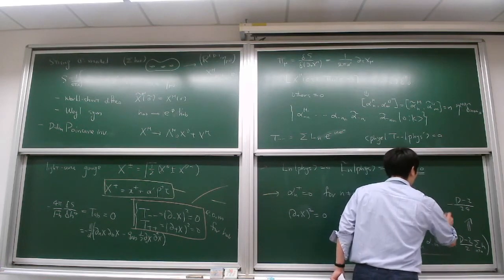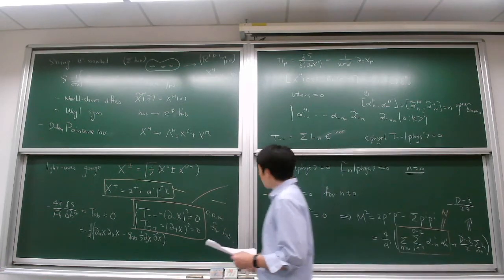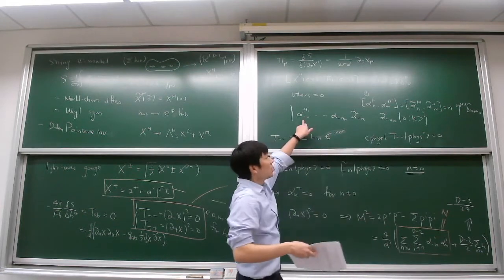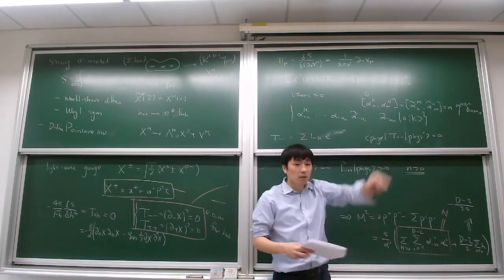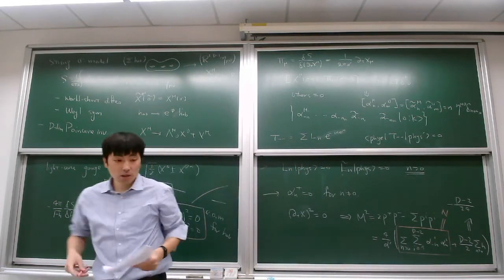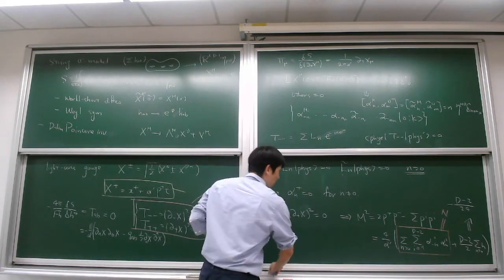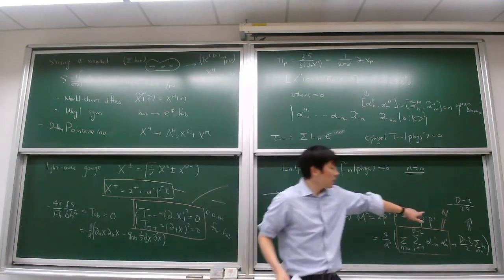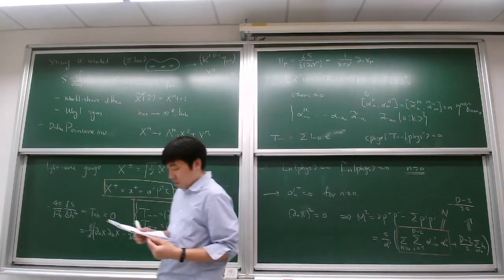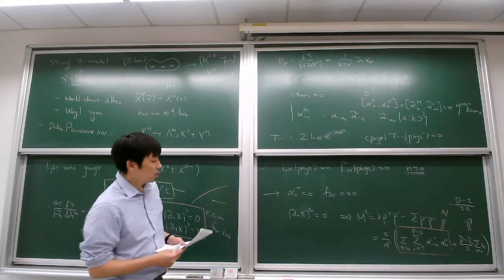This is the number operator for how many creation operators act on the vacuum, which counts this n.